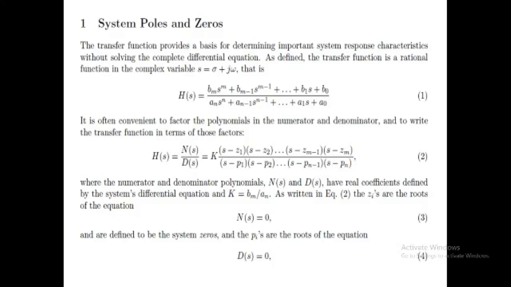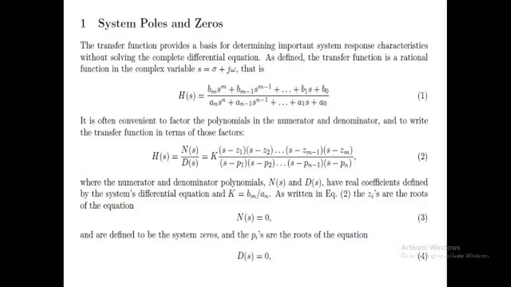Similarly, the zeros of a transfer function are the values of the Laplace transform variable s that cause the transfer function to become 0. Again, we consider this equation number 1, when s is equal to b1, s is equal to b2, s is equal to b3, and s is equal to bm.